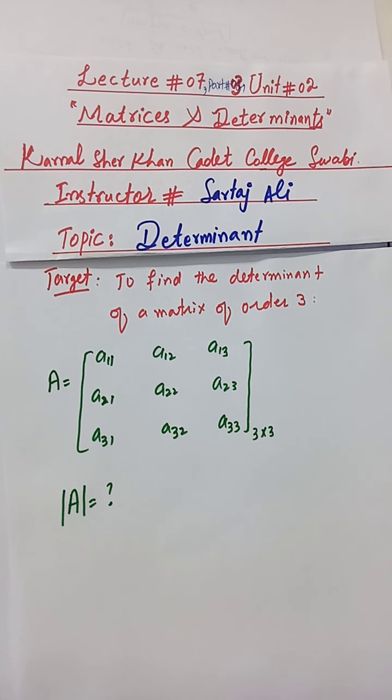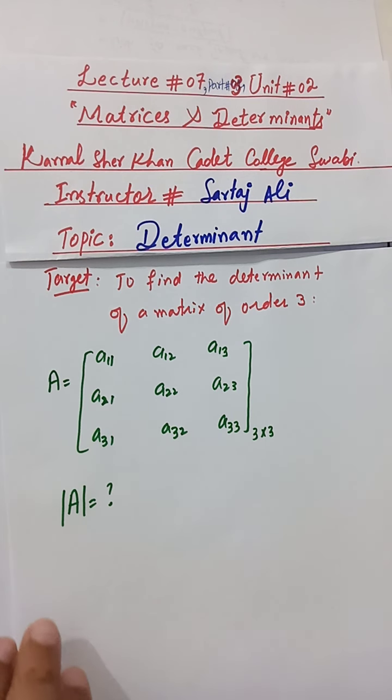So there are 6 possible ways to expand that matrix A and to get the determinant of matrix A. Now, how 6 possible ways? The determinant can be found with the help of any row or with the help of any column.